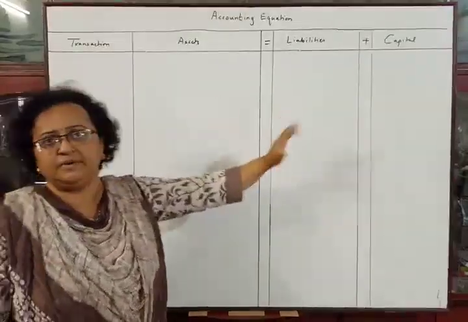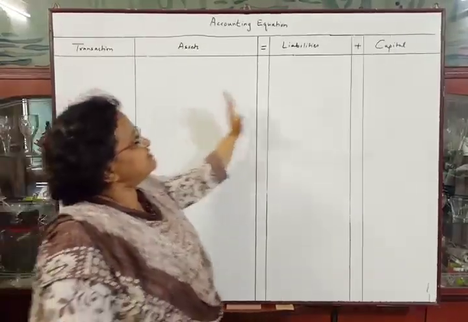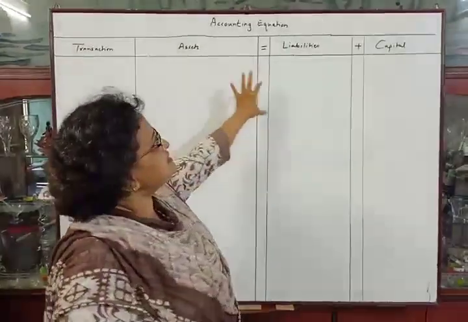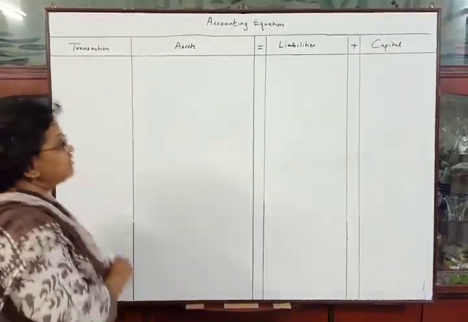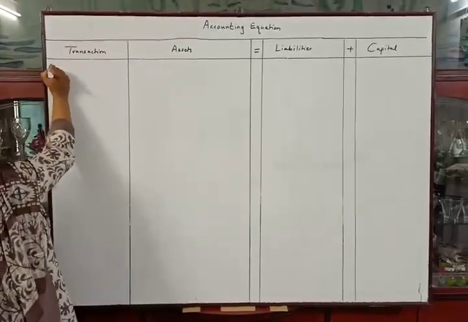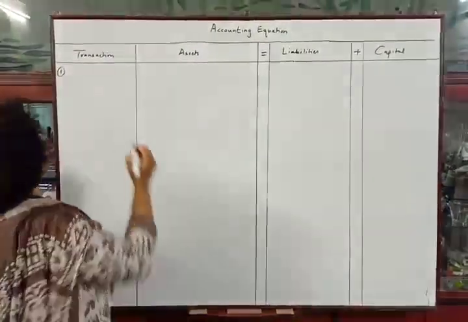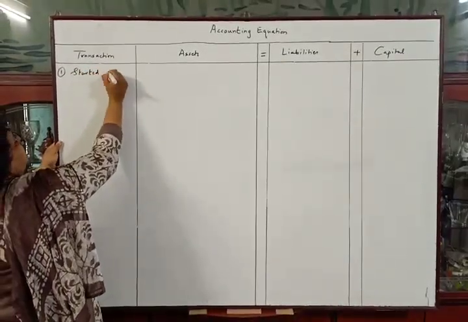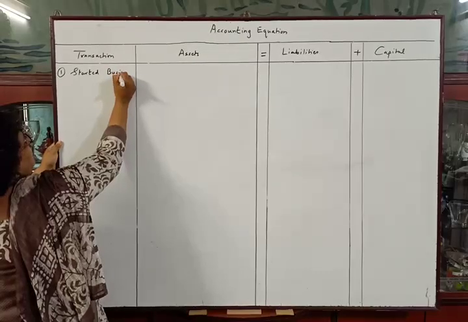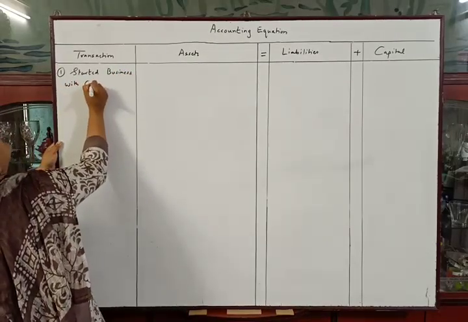This is the table. Here we will write transaction and this is the equation. Assets is equal to liabilities plus capital. Okay. Now first transaction. Harish started business with cash rupees 1 lakh. So I will write started business with cash.